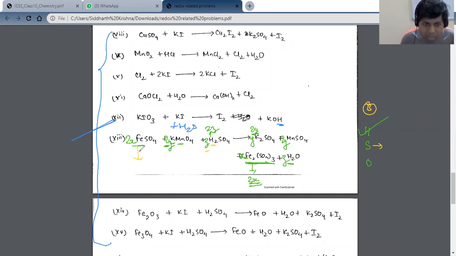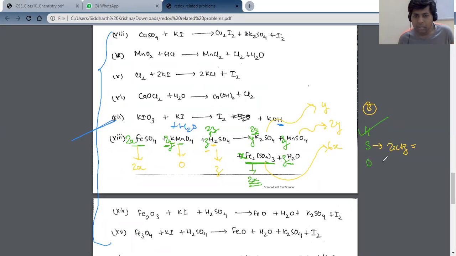So here how many sulfurs are you seeing? 2x. Here how many sulfur? 0. Here how many sulfur? Z. So on LHS you have 2x plus Z sulfur. This side how many sulfur are you seeing? Y, this 2y. And x, 6x, 3 into 2x.